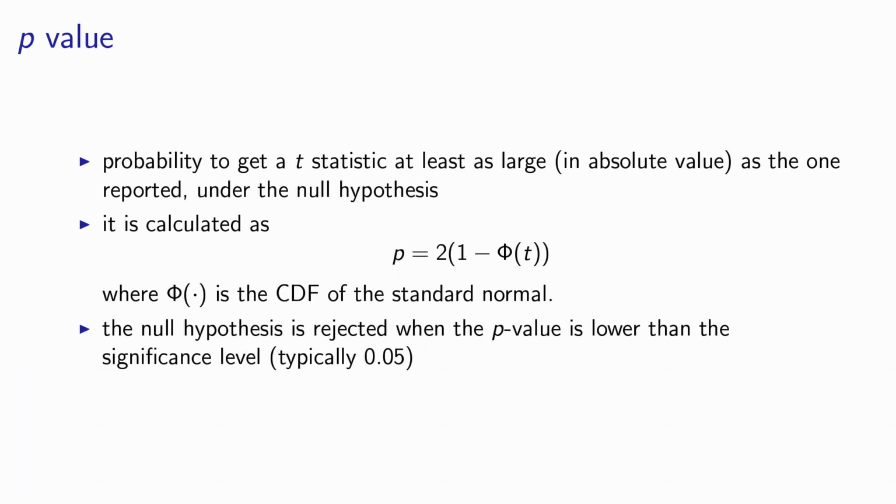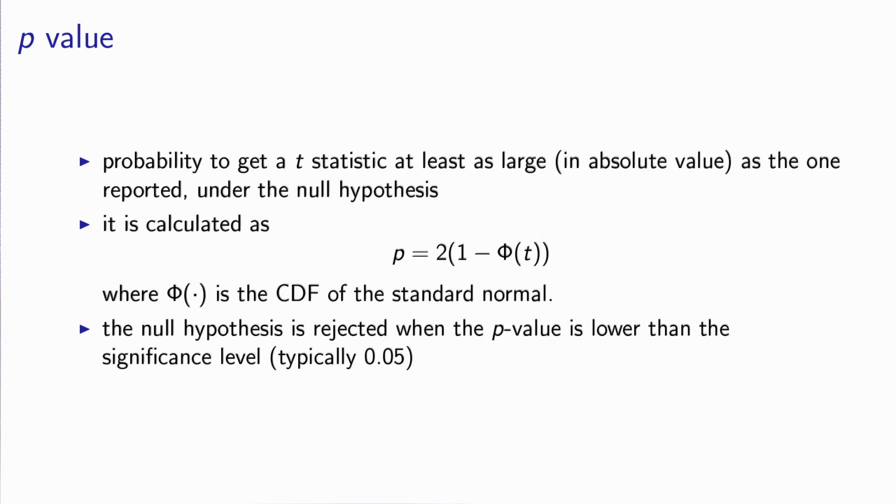Now, sometimes it's useful to represent the same information using a different value, which is called the p-value. The p-value conveys exactly the same information as the t-test, but in a different format. What is the p-value? The p-value is the probability to get a t-statistic which is at least as large in absolute value as the one which has been reported, if the null hypothesis is correct.